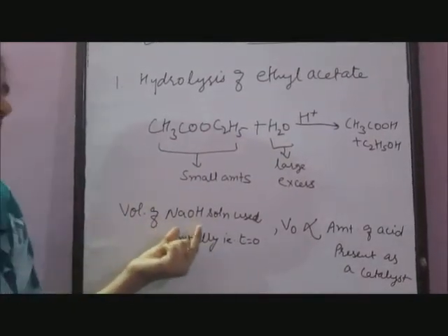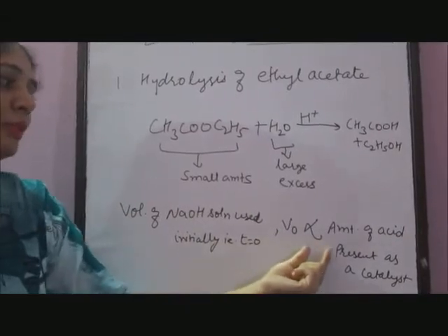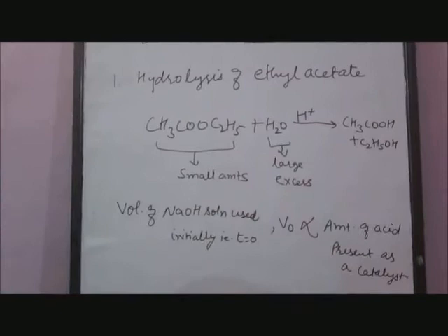Therefore, volume of NaOH solution used initially, that is V naught, is proportional to amount of acid present as a catalyst.